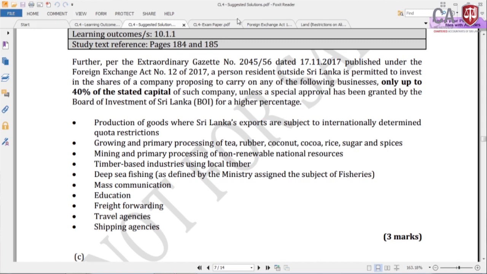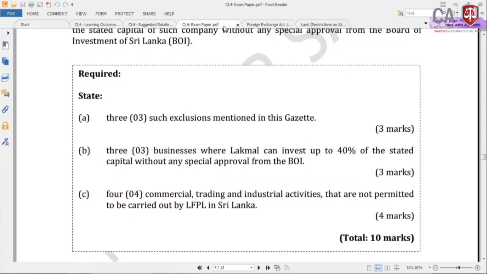So, these are the businesses that he can carry on under the permission to invest up to 40%, but if he wants to invest more, he has to get the BOI approval for that.